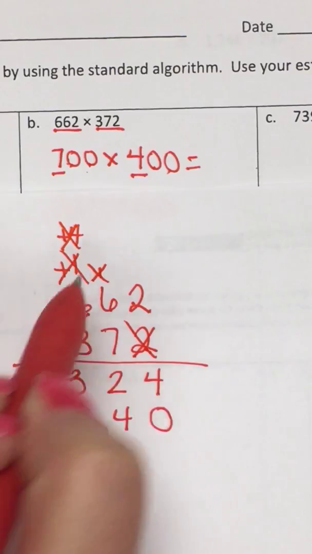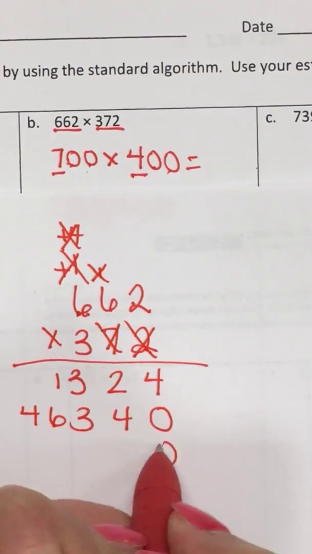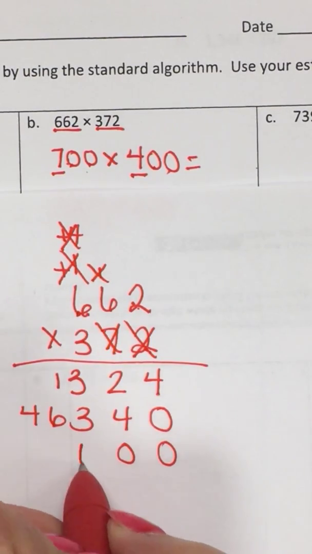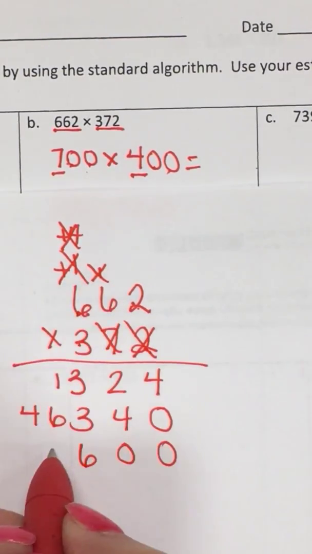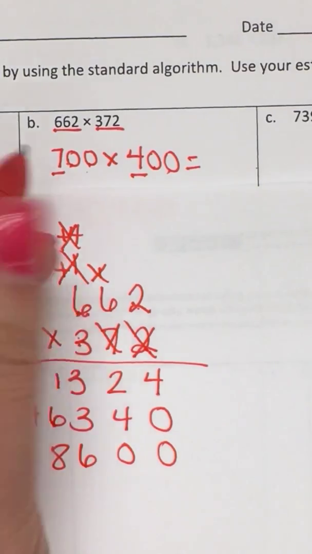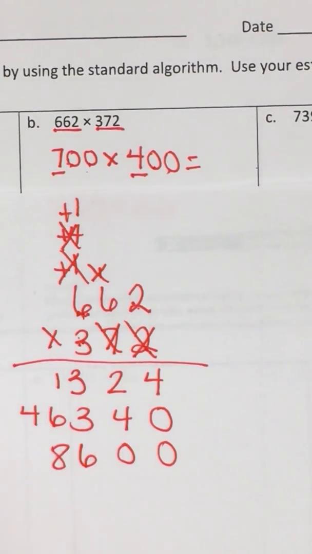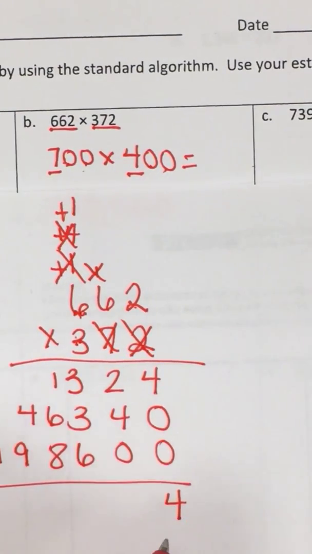Cross off, cross off, cross off. And now I've got 2 placeholders. 3 times 2 is 6. 3 times 6 is 18. 3 times 6 is 18 plus 1 is 19. Okay, so I've got 4.